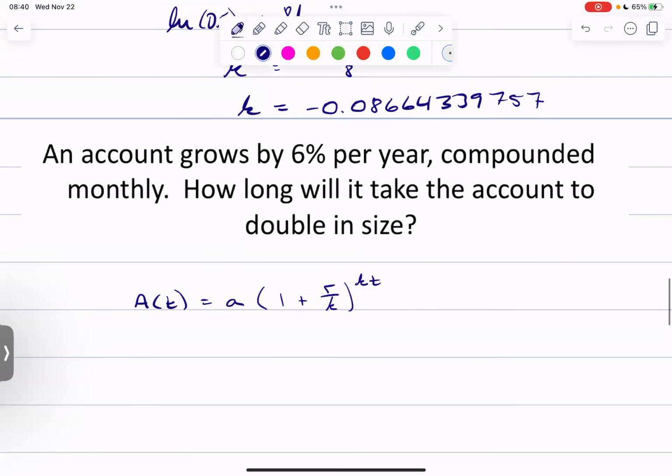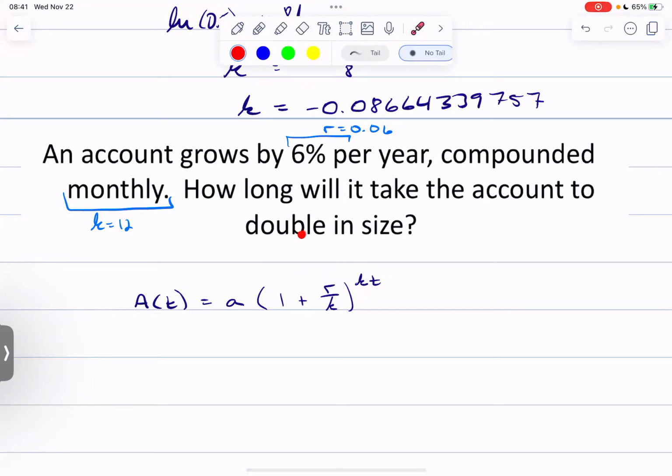So here, this tells me that K is 12, monthly. The rate is 0.06, so R is 0.06. And we want for the account to double in size, starting at some generic A, right? Then we want it to go to 2A.